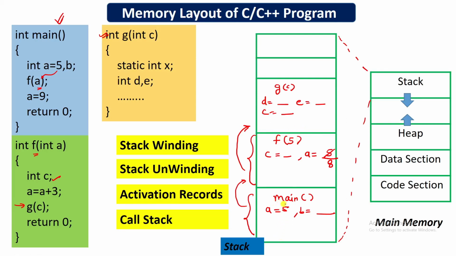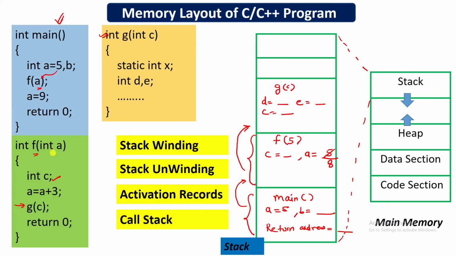First, when the main function was called, its local variables were stored, and here the return address will also be stored. As you know, when the main function completes its work, it returns to the operating system. Its control goes back to the operating system, so the return address will be saved. Let's say return to OS will be stored.